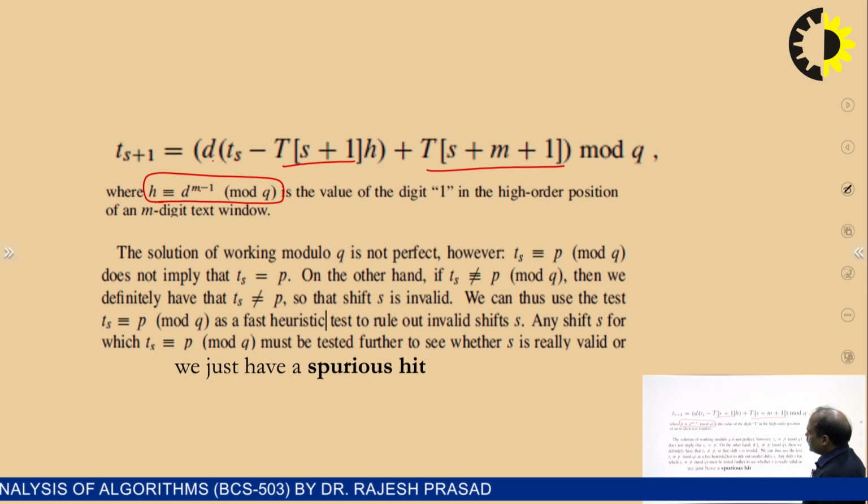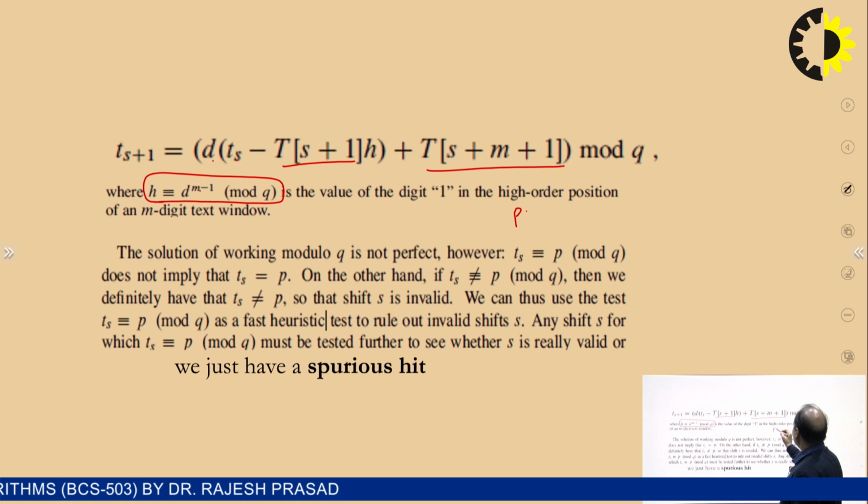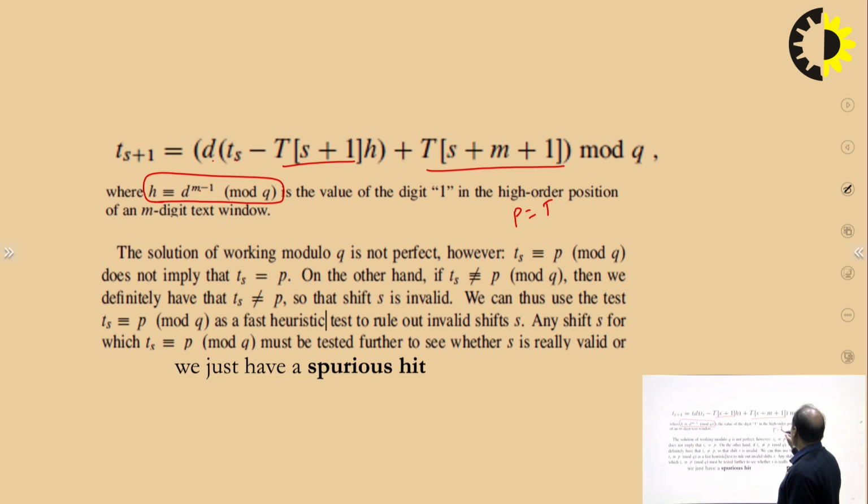So why do we need it? As I said, if pattern is equal to text, okay, we are going to search one by one. If P is not going to be text, definitely this is going to tell you that there is no possibility of pattern equal to the text.